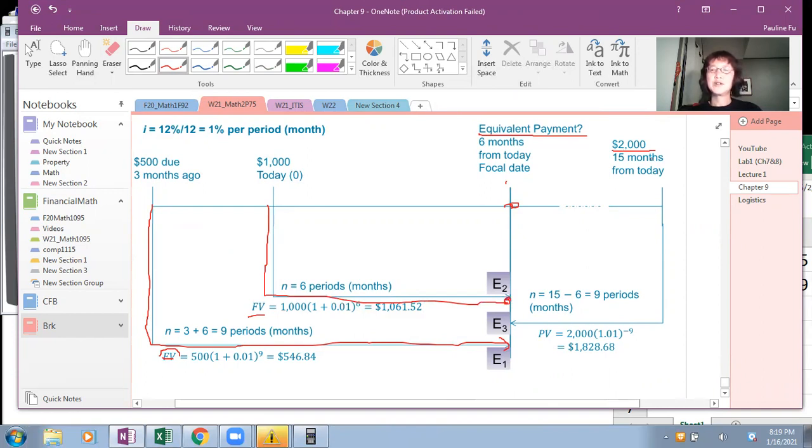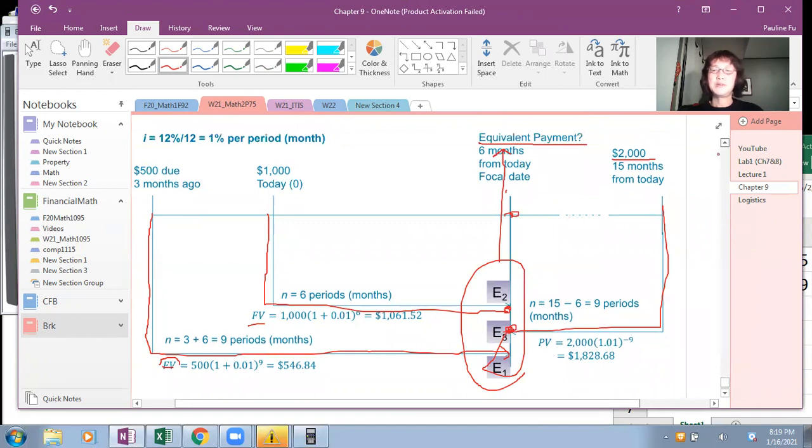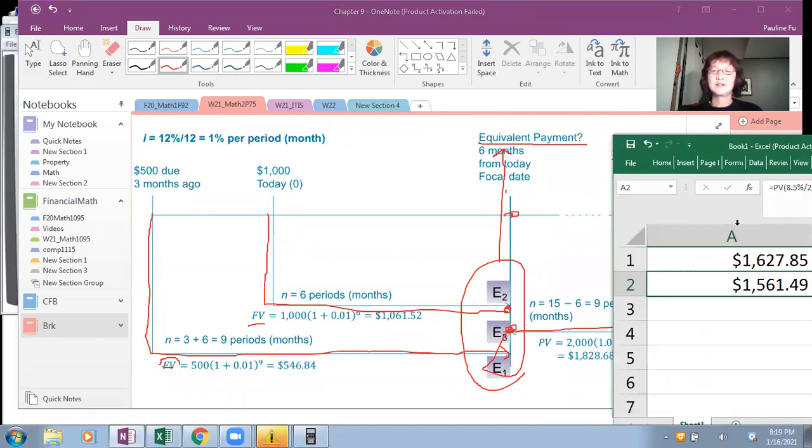And for this $2,000, what is the present value at this point? Then you add all these three numbers together. That is the answer for equivalent payment. Okay. So let's do it, maybe in Excel.